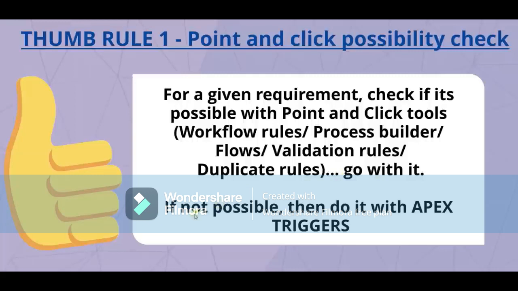Only if it is not possible, only then do it with Apex Triggers. As simple as that. So thumb rule one is the point and click possibility check. Whenever a requirement comes and you feel an Apex Trigger can do it, before that check whether it is possible with point and click tools. If it is not possible, only then do it with Apex Triggers. Remember this thumb rule because we will be using it in the upcoming scenarios.